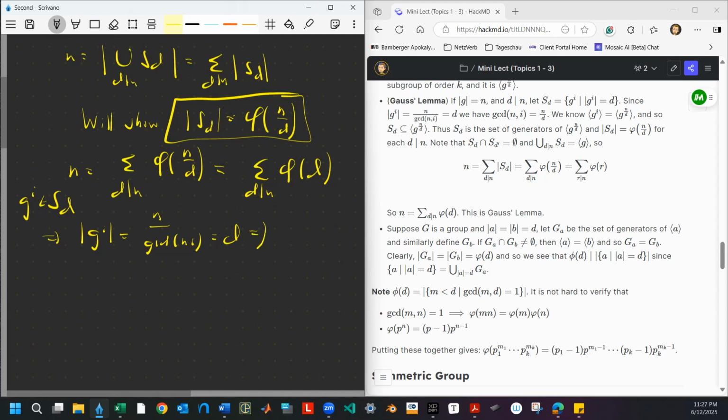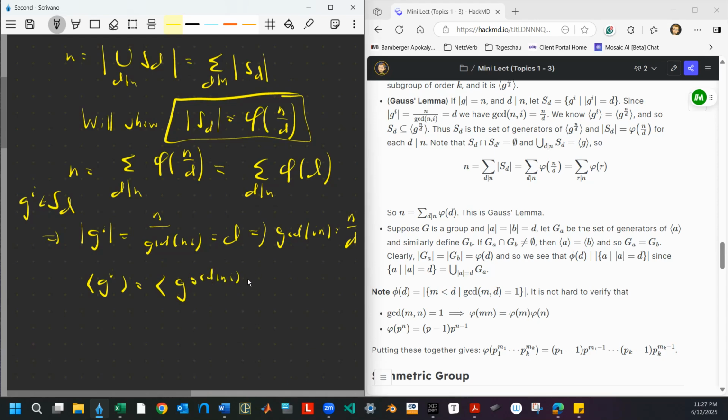But then I can manipulate this and get that the GCD of i and n is equal to n over d. So I get that. Now the other thing I have is that g^i is actually equal to g to the GCD of n and i.